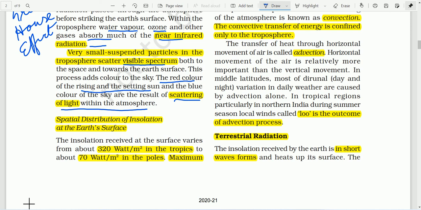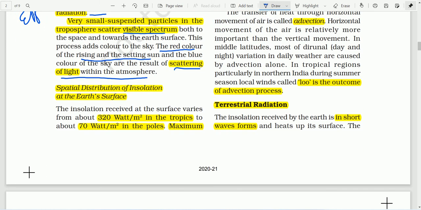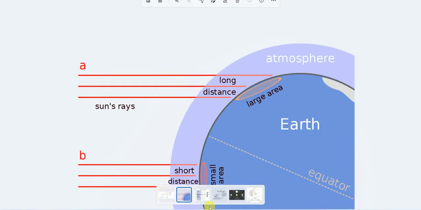We have learned that the atmosphere contains dust particles and gas molecules, and these scatter light. For example, this is a ray of sunlight, and these gas molecules will scatter the light in different directions.